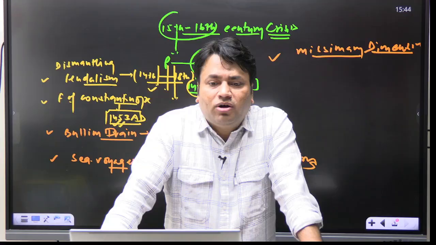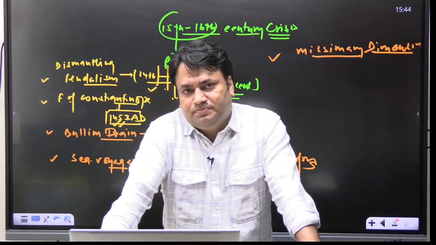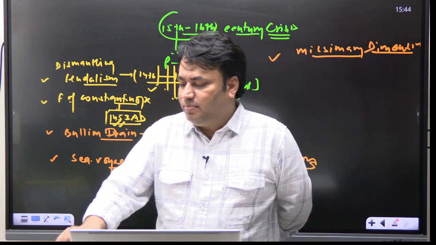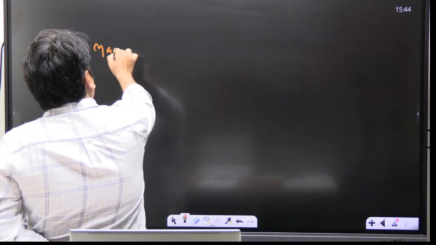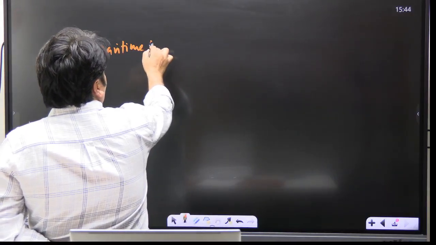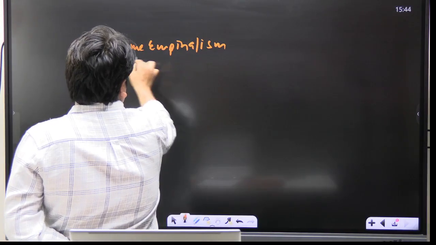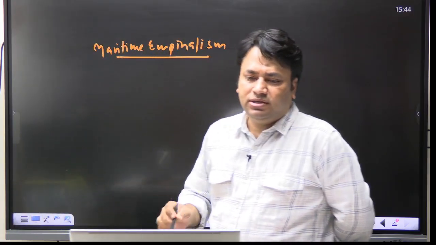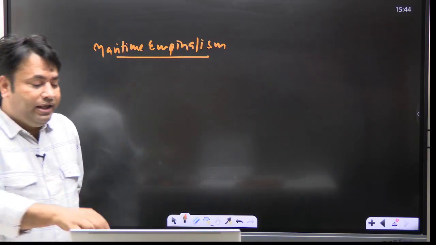So what the Europeans did was start maritime imperialism. Now what is maritime imperialism? This word is very important. While writing answers, you will use this word. We are saying maritime imperialism was started by the Portuguese. So it is a kind of empire building effort.